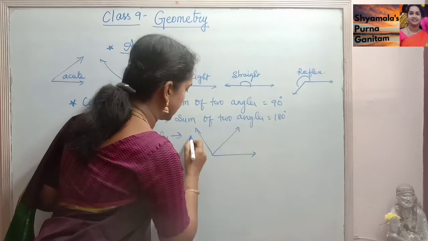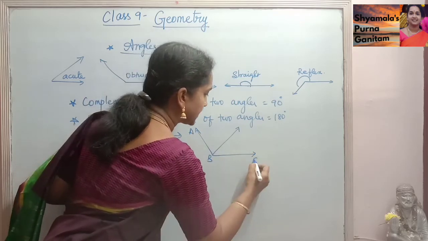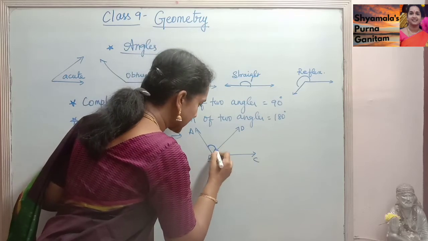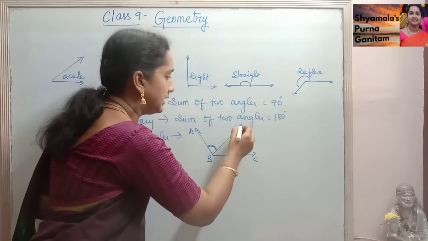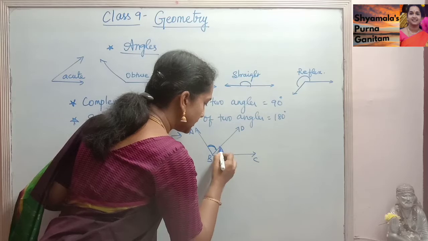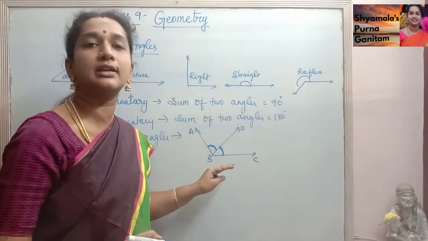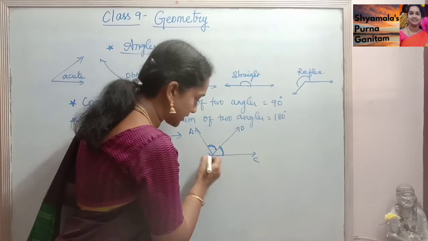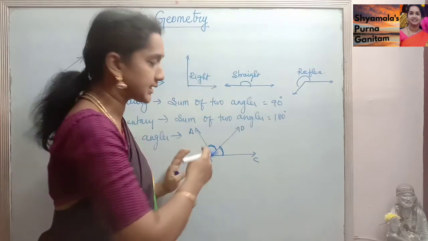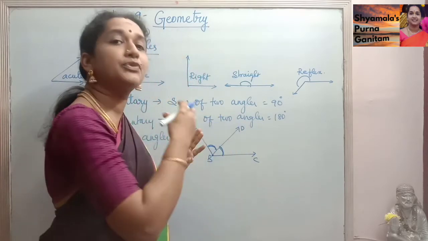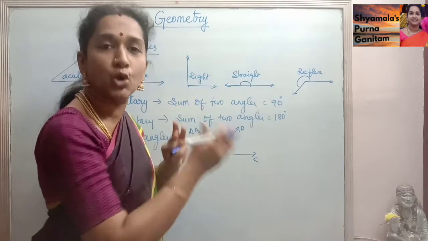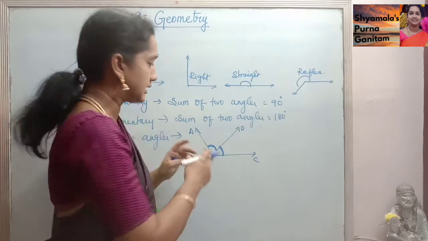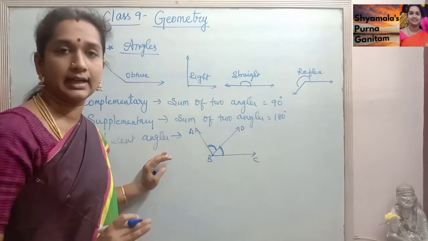If we label the points A, B, C, D, then angle ABD and angle DBC are adjacent angles. They have a common vertex, and the common ray lies between them, so we get angles on either side of that common ray. That is called adjacent angles.